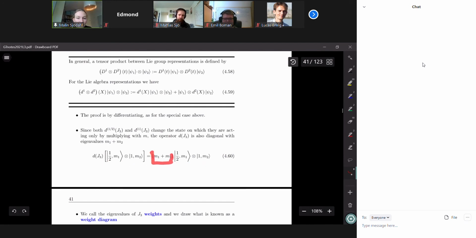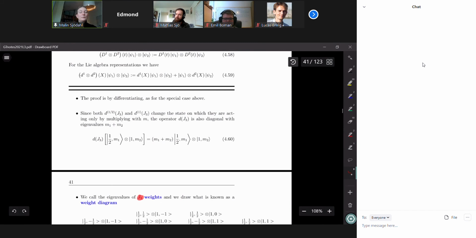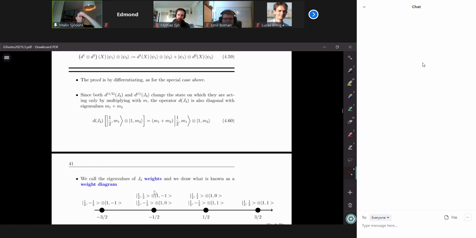In other words, this is the eigenvalue of this operator in this direct product representation. And now the eigenvalues of J-free, in this case, we call the weights. And we draw a weight diagram, it's called.